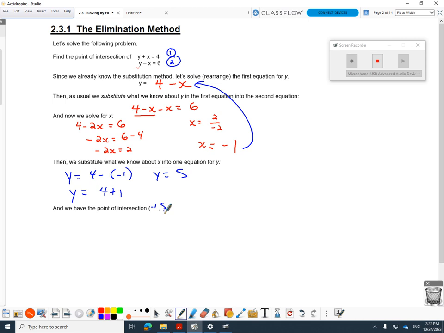Now, if you dislike that method and the steps that go on there, check this new method.